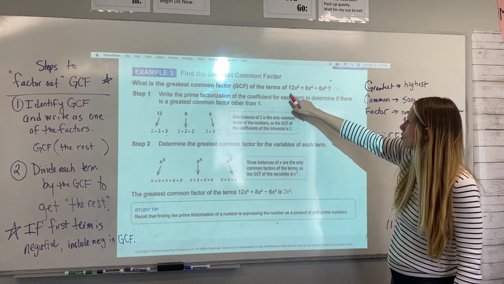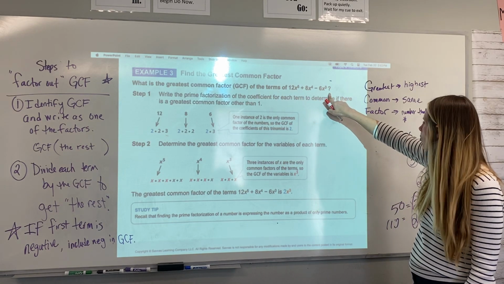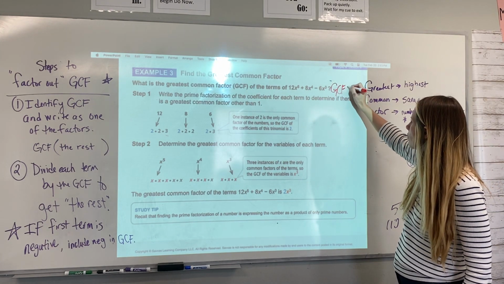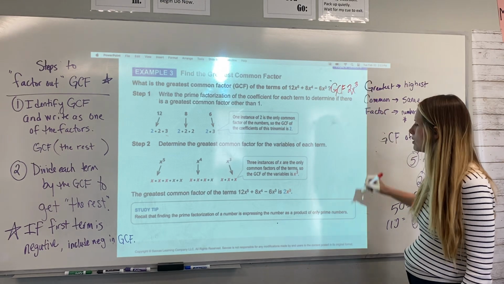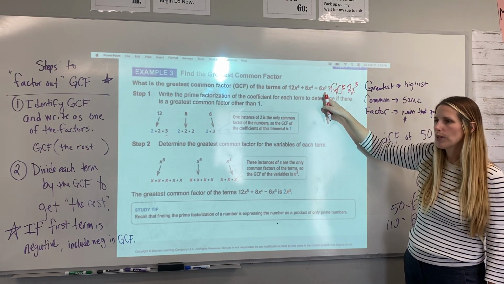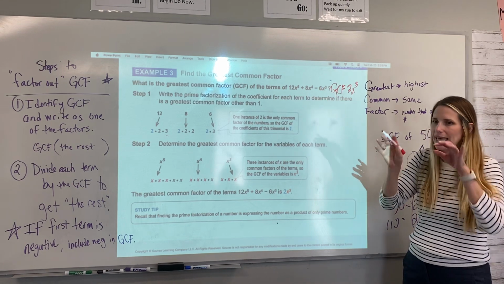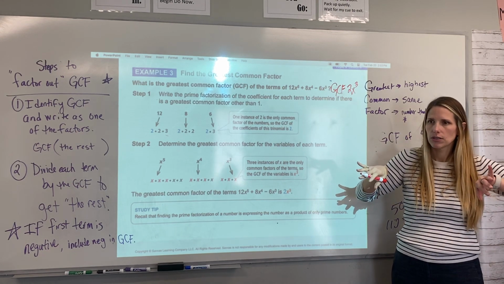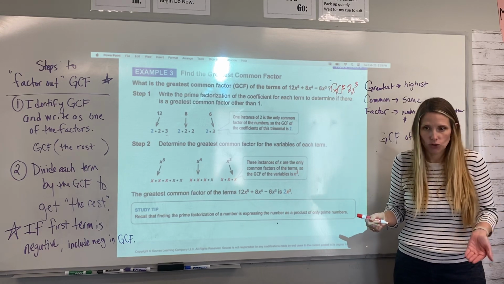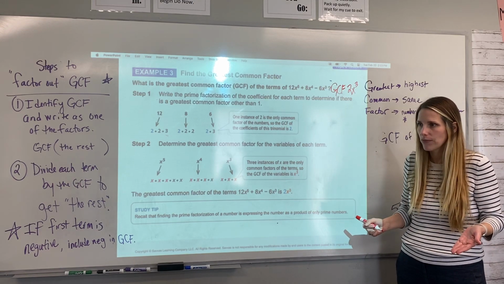So this trinomial, we already found the GCF of it, which was 2x cubed. When we factor this, what we're doing is we're breaking this up into factors. Well, the GCF is one of those factors. It's the greatest common factor.